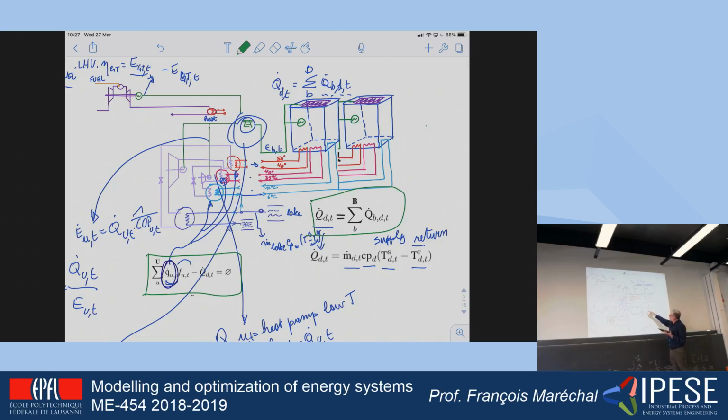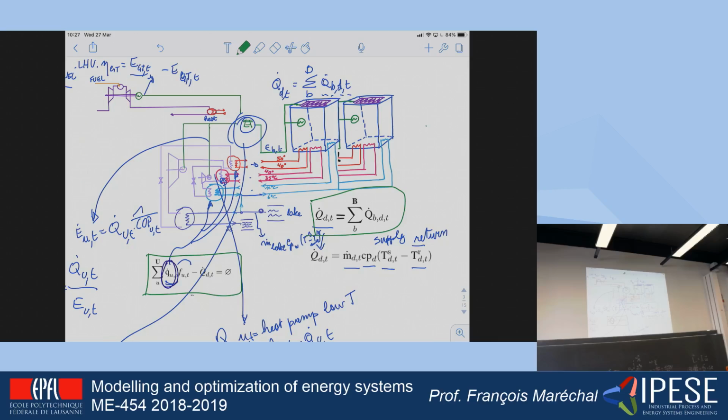I can also see that this sum is going to define a flow that needs to be distributed in the distribution system D at time t, multiplied by the Cp, multiplied by the temperature difference between the supply and the return temperature of each of the distribution systems.